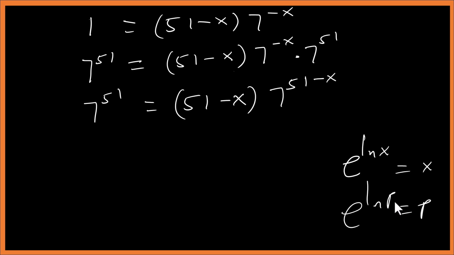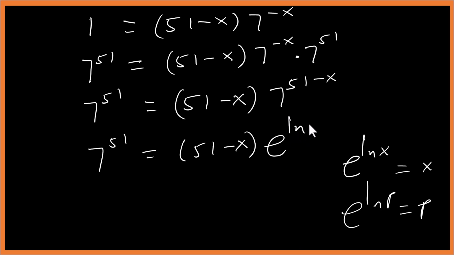Now let's support this 7 here. So 7 raised to 51 minus x. I will write the 7 as e raised to ln of 7. Now remember, this one is a power rule. When we're given ln of a raised to x, the answer becomes x ln of a.